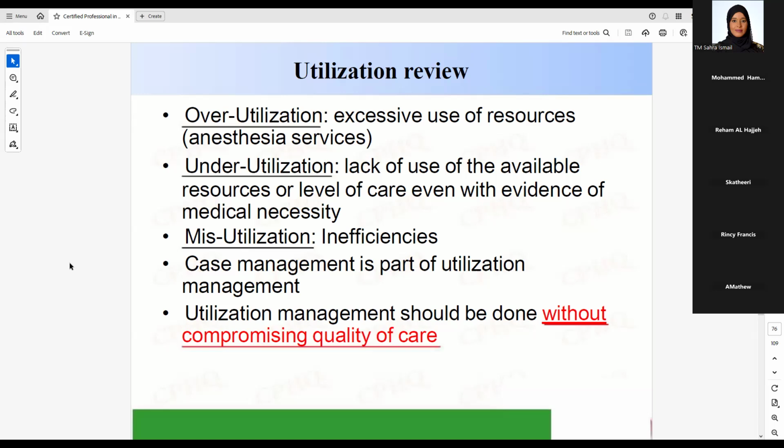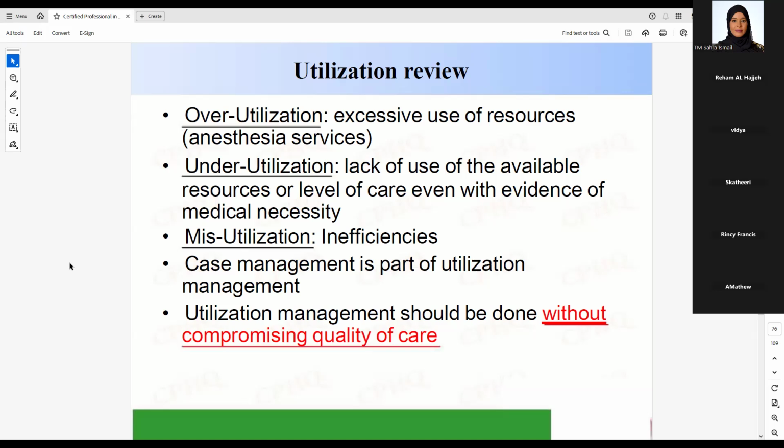Okay, question to you. Can anyone give me an example of overutilization in healthcare? Anyone? Documentation. Utilization is something that you use, not a burden on you. Consumables.